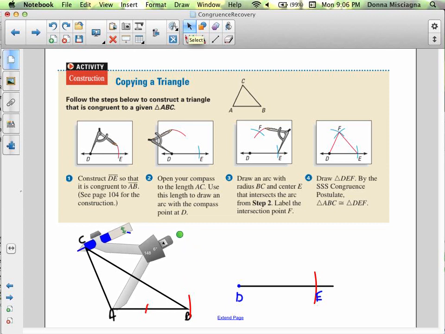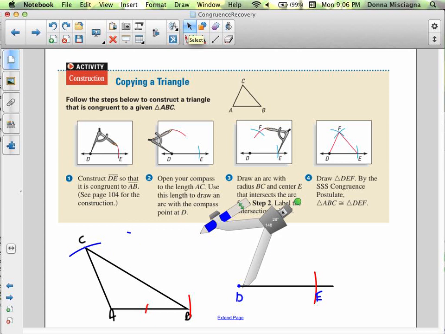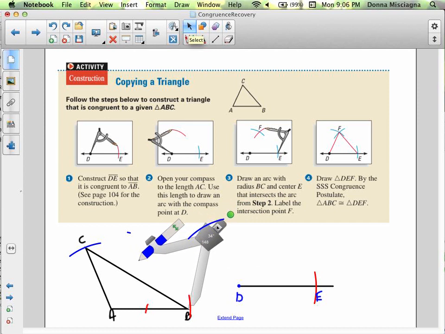That looks good. Now I'm going to copy that very same segment over here. Well, the arc anyway. I can't just draw the segment because I don't know where to put it. I can measure it, but if I don't put it in the right place, there's no way all my three segments are going to intersect.